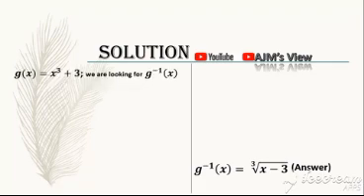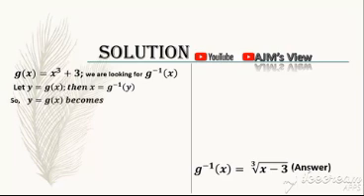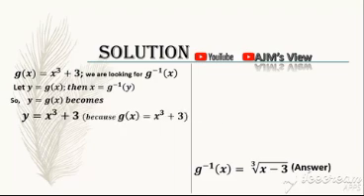Remember, we have g of x equals x cubed plus 3, and we are looking for g inverse of x. So let y equals g of x, then x equals g inverse of y. So y equals g of x becomes y equals x cubed plus 3.